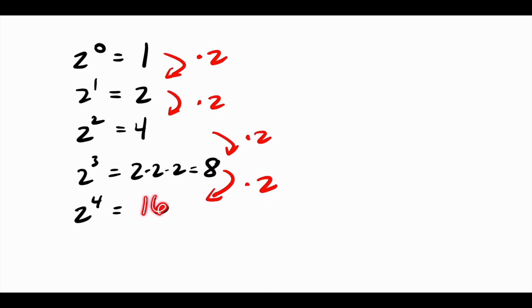Division: divide by 2, divide by 2, divide by 2, divide by 2. Right? In math, there's no, yeah, that's the rule except when. In math, it just is or it isn't. Okay? So that's why anything to the 0 power has to be 1.